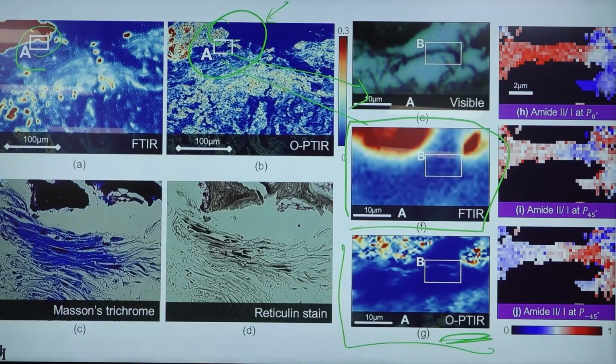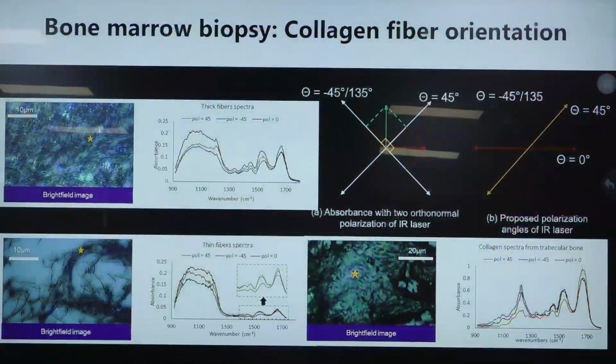And not only that, if you apply different polarizations, so if the light is polarized in a certain way, what does polarization mean? Another property of these thin fibers is that at different wavelengths, they absorb light in different ways. To give you an example, let's say the fiber is oriented this way.